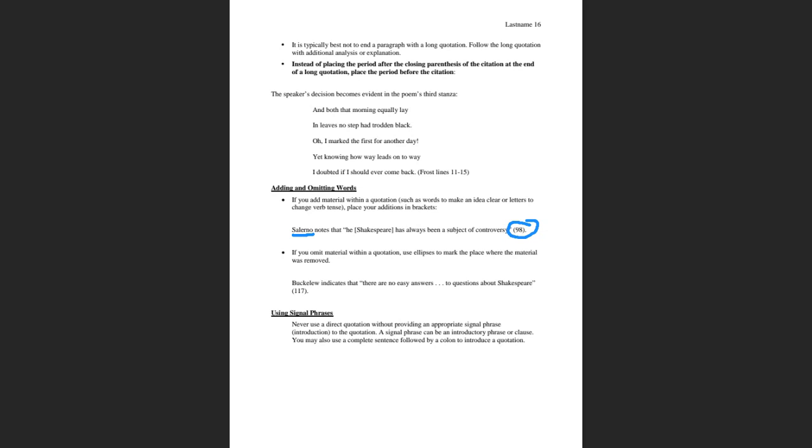And then the portion that I added as the writer of an essay is this, to clarify who the he, or whom the he is that the author is referring to. So that's the reason for that particular formatting.